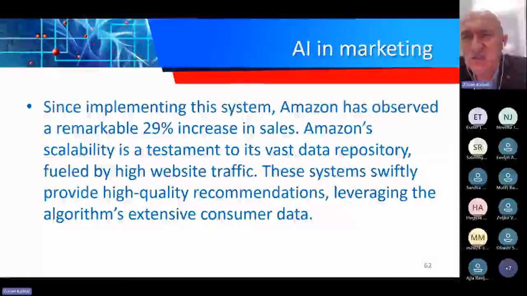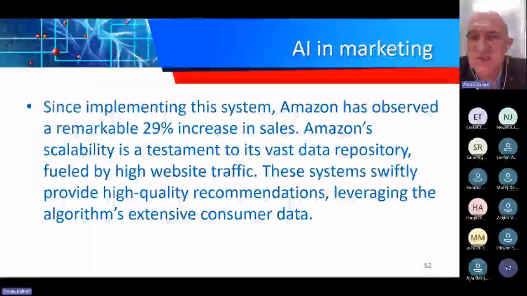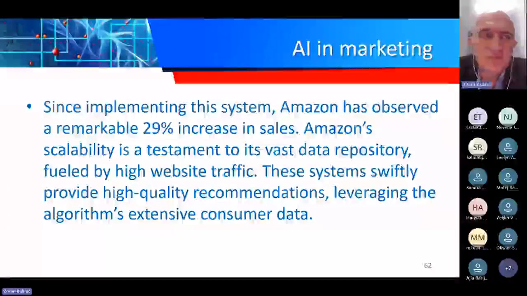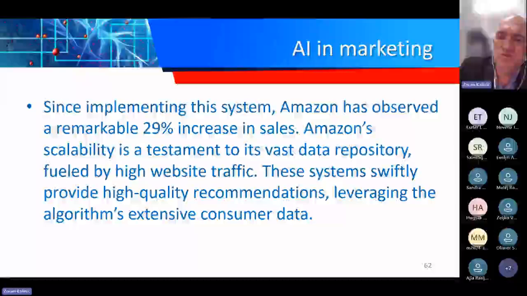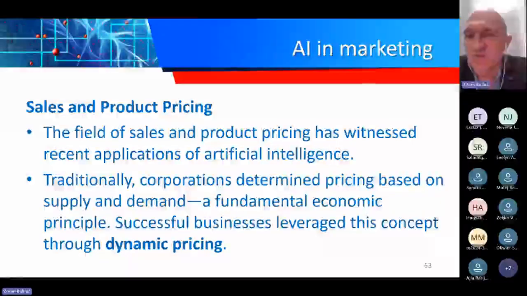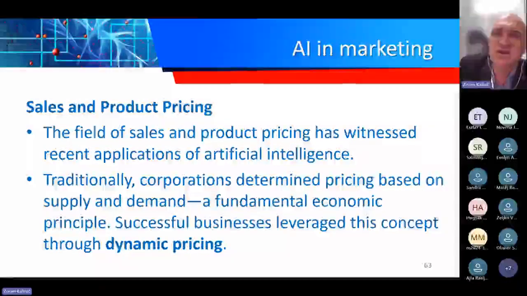And again, here is the example of Amazon, which had a 29% increase of sales just by using the system, which was based on a lot of data that Amazon was using and on your behavior on this website, and again on the good segmentation of the system.